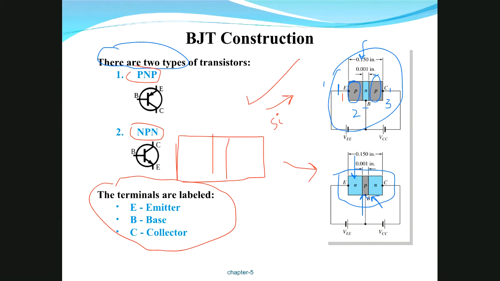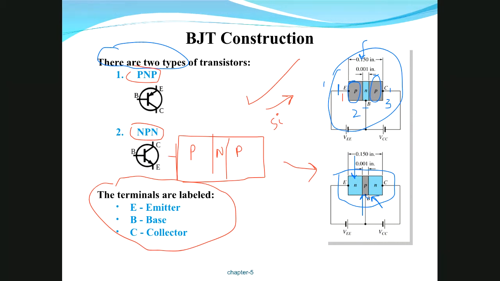Doping is the process of mixing impurities into a pure semiconductor material to increase the conductivity. Now if you are designing a PNP transistor, then in this place we will add trivalent impurities, in this place we will add pentavalent, and the remaining right again trivalent. As a result, you will get a PNP transistor.